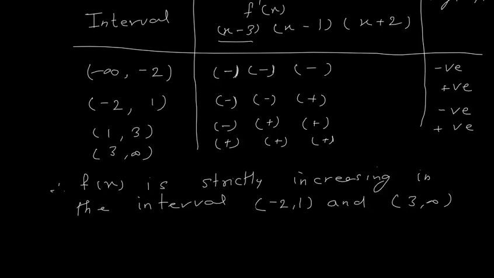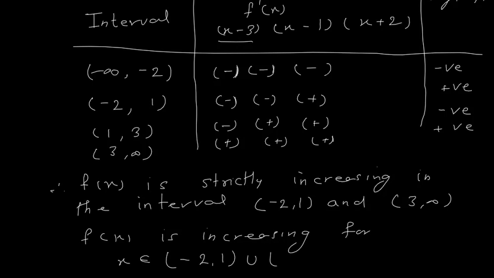So f(x) is increasing for x belonging to (minus 2, 1) union (3, infinity).